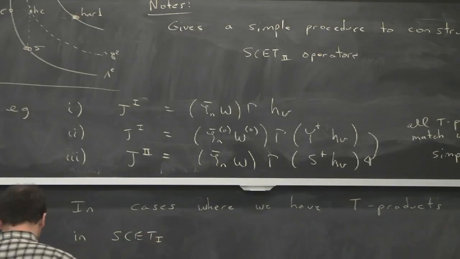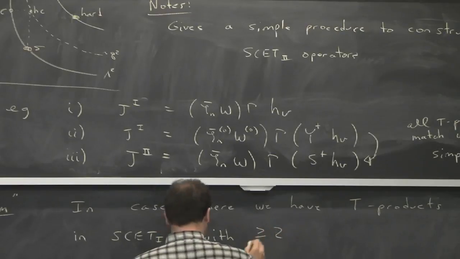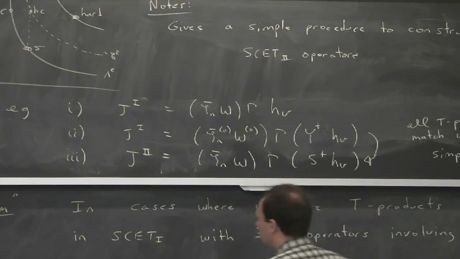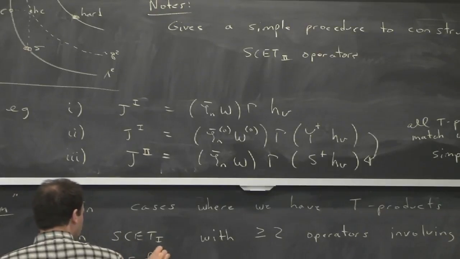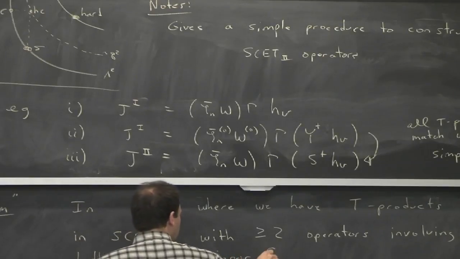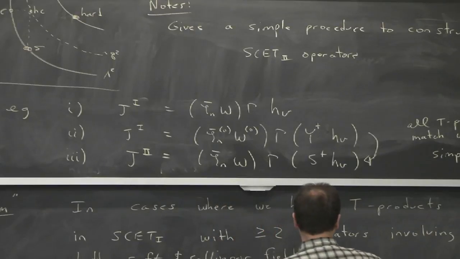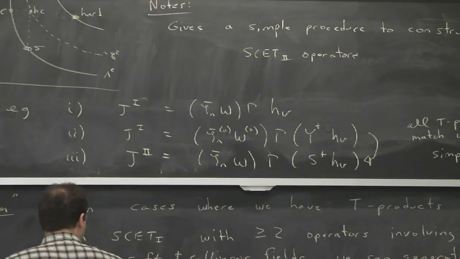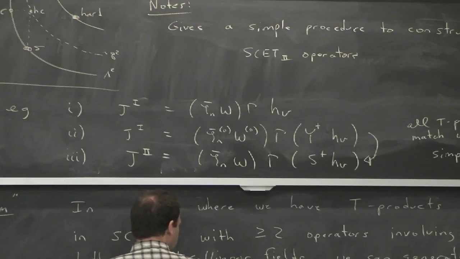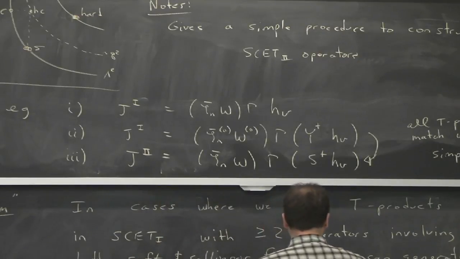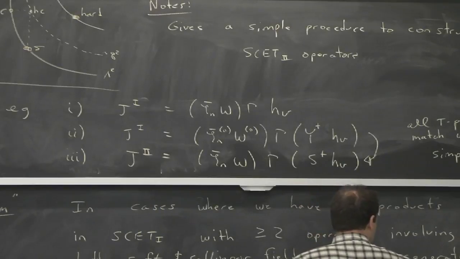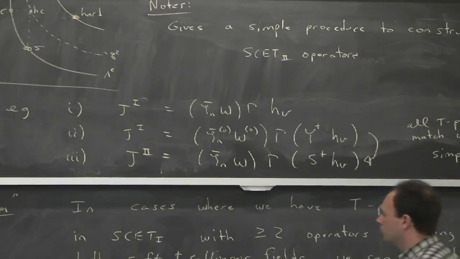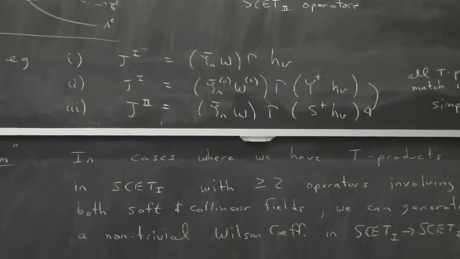So if in the SCET1 theory you had time order products with greater than or equal to 2 operators that had soft and collinear fields, then you can generate some non-trivial matching. So I think that's best illustrated by an example again.